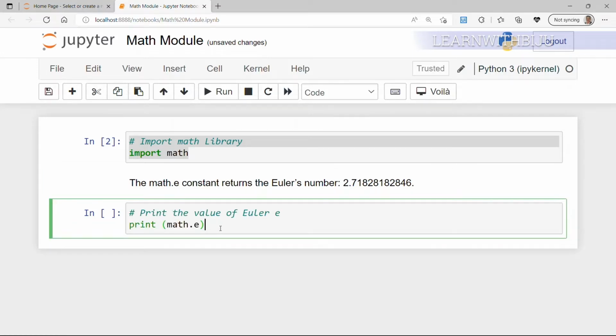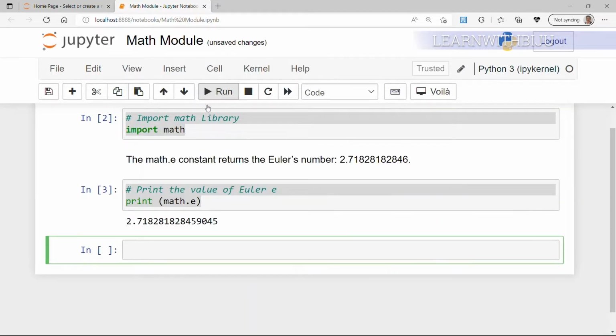I'm going to print the value of Euler's e. See, that is 2.7182818284599045. We got the output value, right?